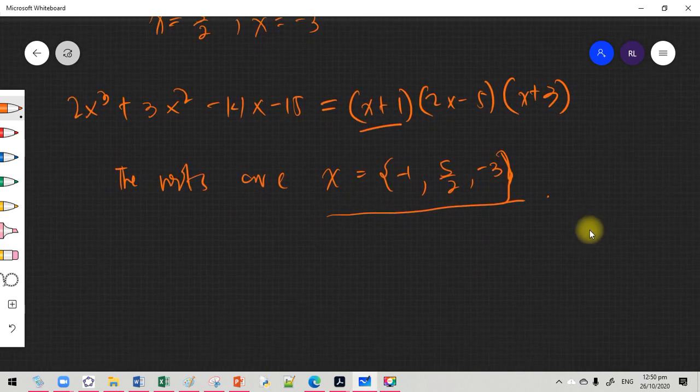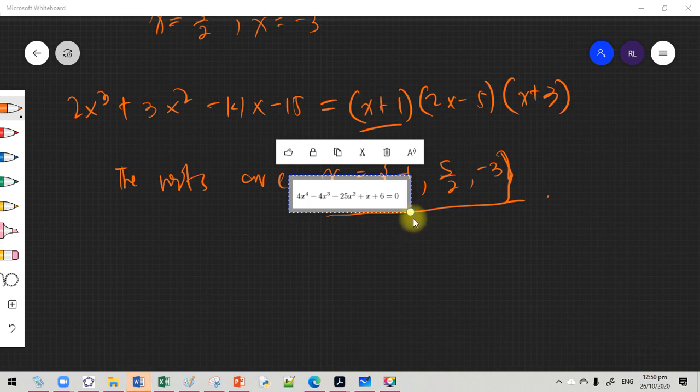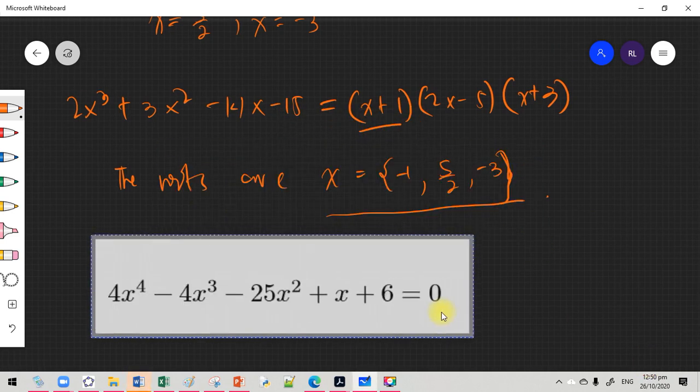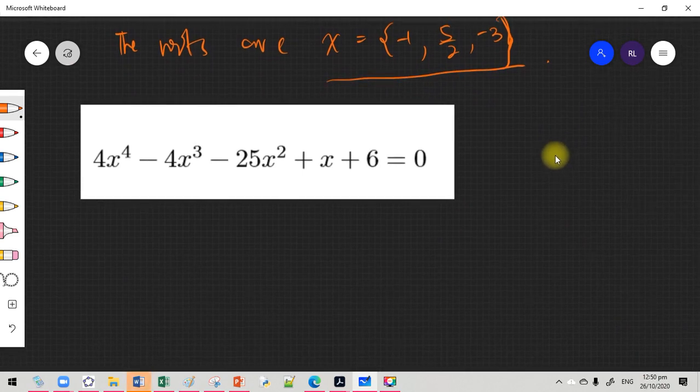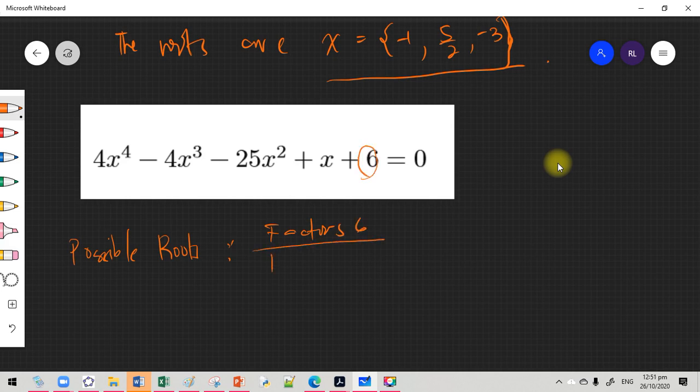Let's try with another example. So our equation is this one. So using rational root theorem, our possible roots are factors of our constant term 6 all over factors of our leading coefficient, which is 4.